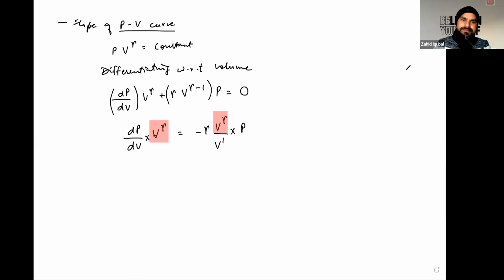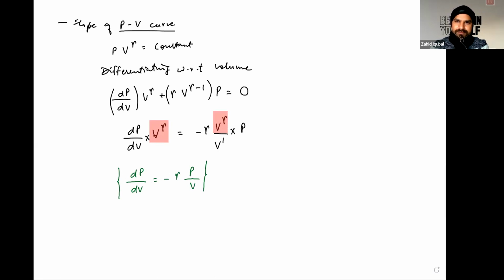So we're left with dP by dV equals minus gamma times P by V. This is the slope of the adiabatic process.